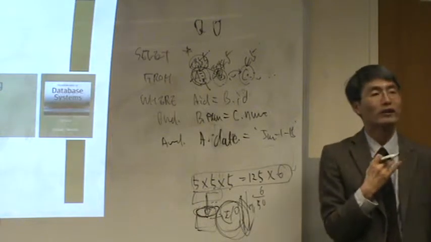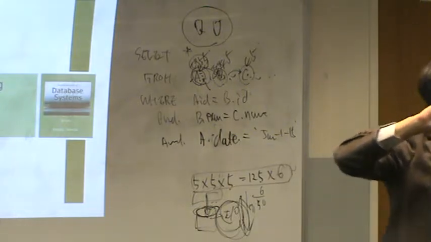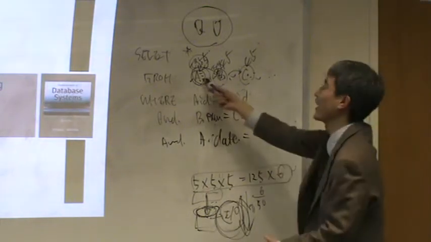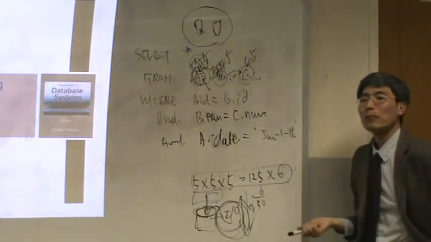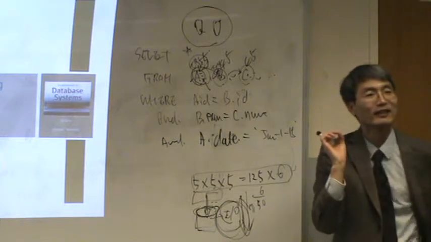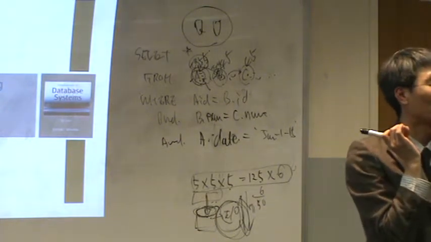That is our goal, our objective. That is the goal of the query optimizer. So in your project, you will calculate the number of I/O for each case and select the query with the least amount of I/O.